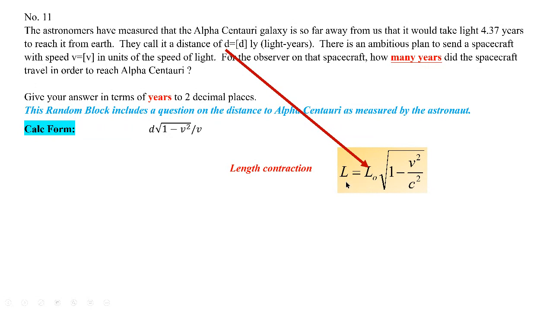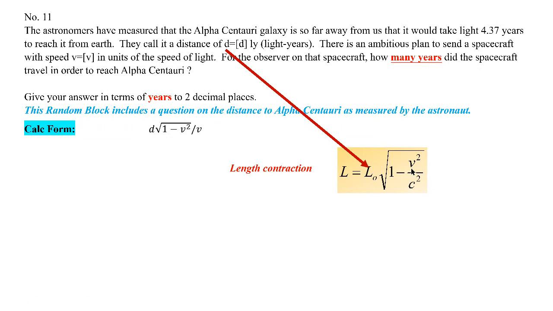All right. And now this is the formula that says that because you're moving, what was 4.37 light years is actually less. How much less? It is the square root of 1 minus v squared over c squared. The actual length that you, the moving observer, will see is shorter than what the guy on the platform, mission control, will say. He will say, oh, it was 1,000 meters long, the train.